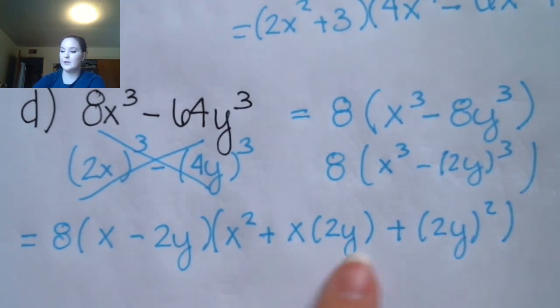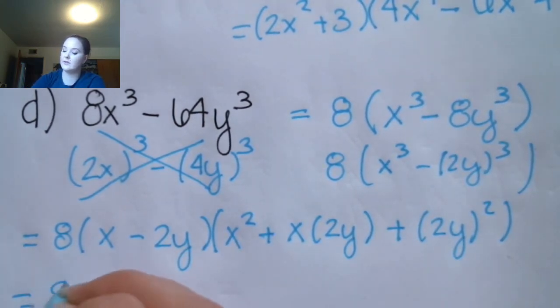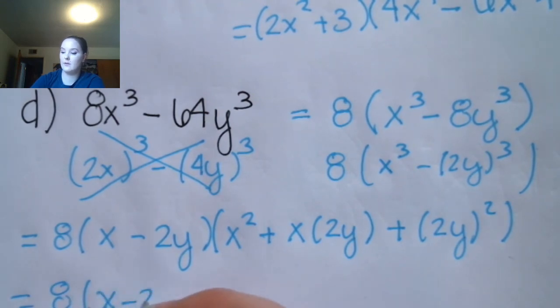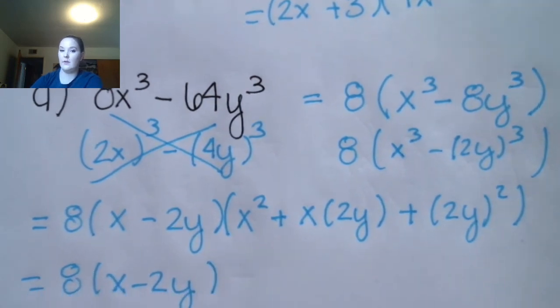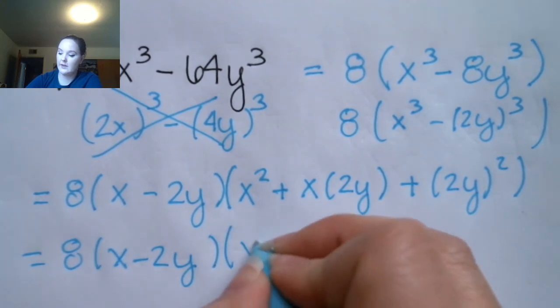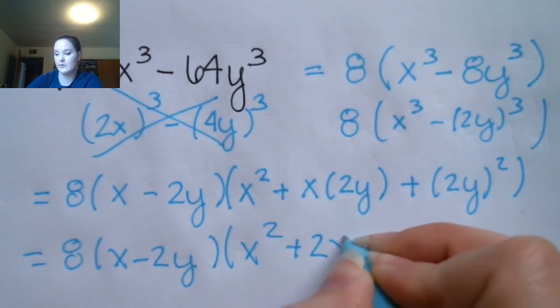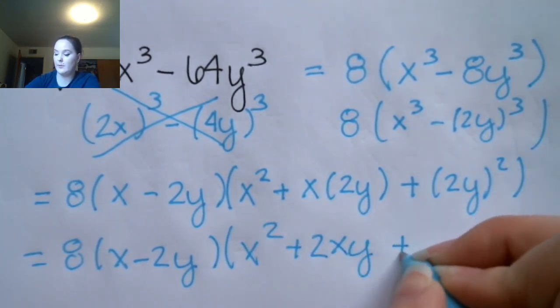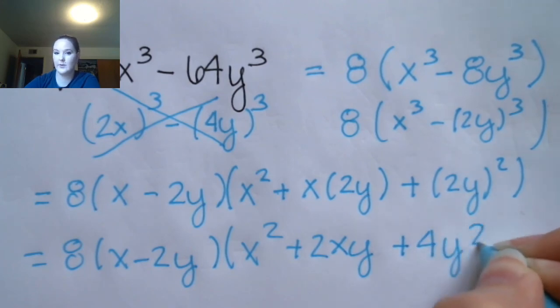So all I'm going to do is simplify this. Here I'm going to have x squared plus 2xy, plus 4y squared.